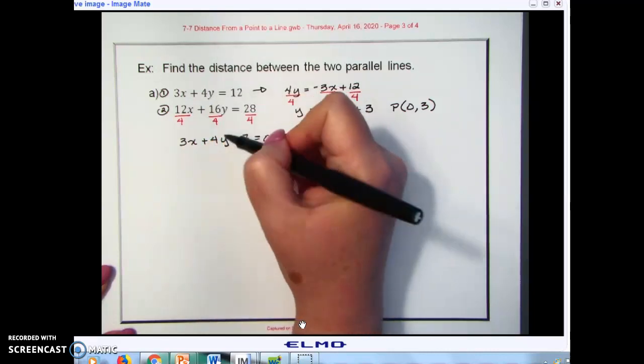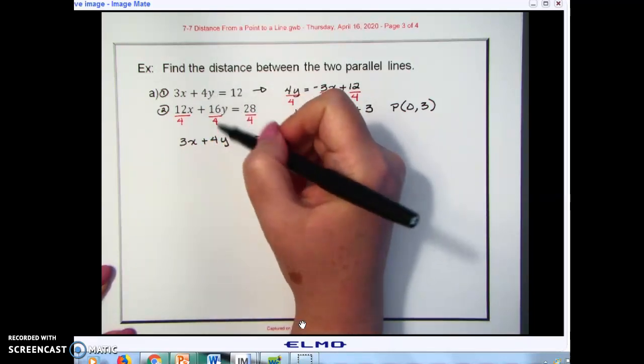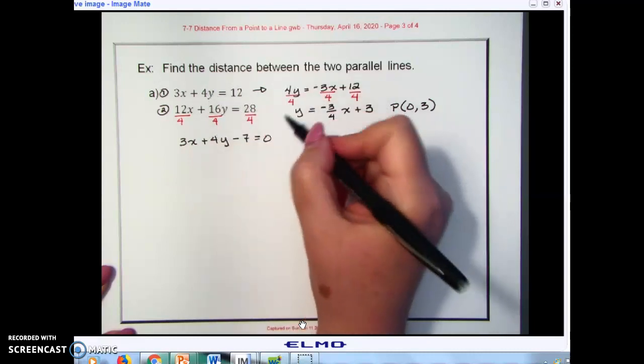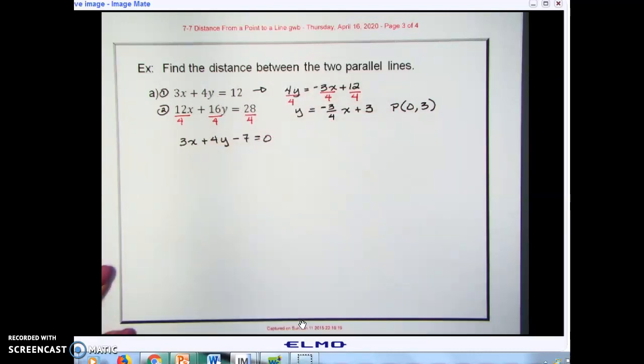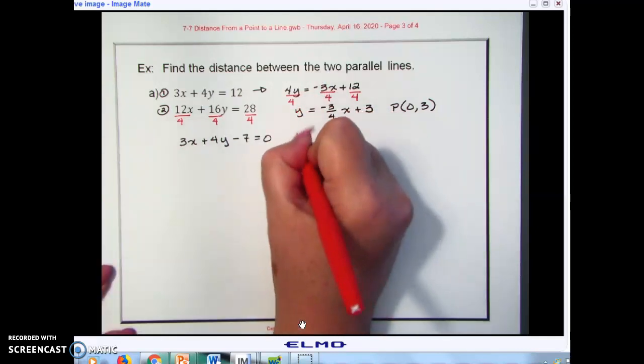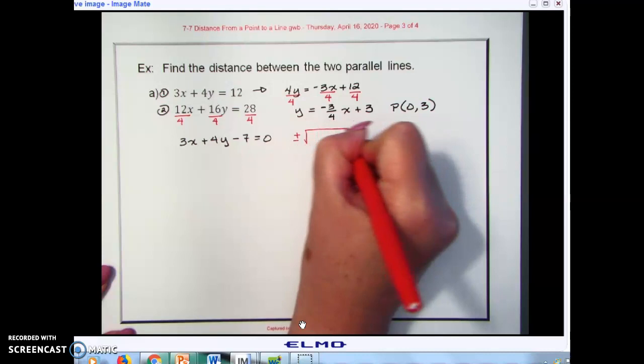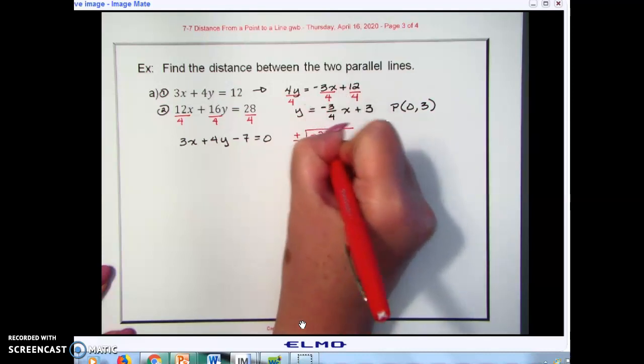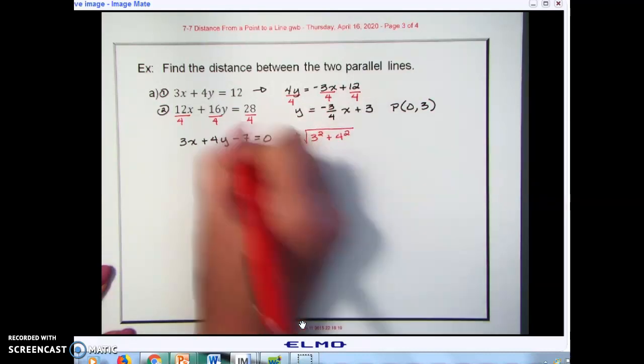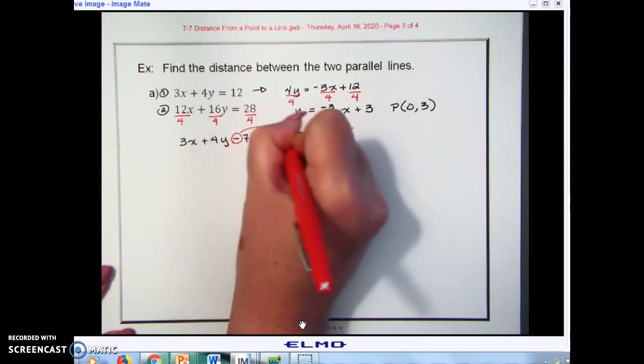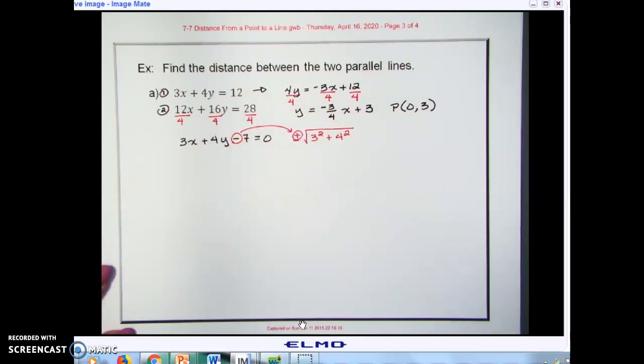Notice they are parallel because we have the same x coefficient and y coefficient, but a different constant over here. To put this into normal form, we're going to do plus or minus the square root of 3 squared plus 4 squared. We want the opposite sign of the negative 7, so we want plus.